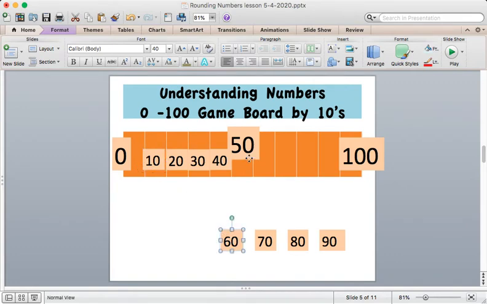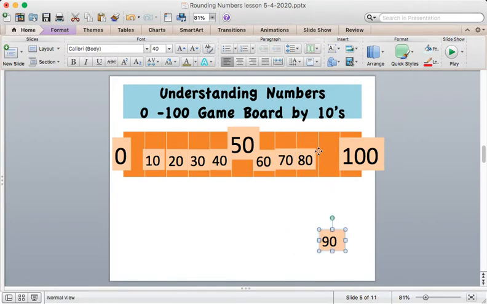Higher than 50 is 60, 70, 80, and 90. Then 100. So anything below 50 would be rounded to the lower 10. Anything above 50 would be rounded to the higher 10. So we need to remember that when we're working with our numbers. This is another step to learning how to round.